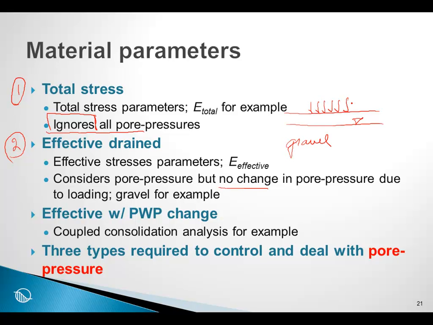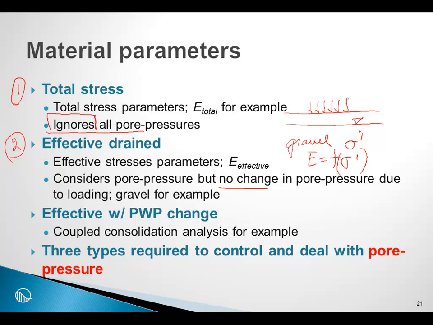There will be a change in stress, but no change in pore water pressure. We need to, however, know the effective stress in the ground because E is often a function of the stress state. So we need to know the effective stress, but using the effective drained parameters category, we can determine the effective stress to get the correct material properties, but there is no change in pore pressure when we use this category group.